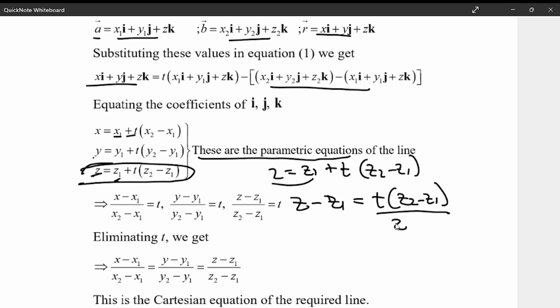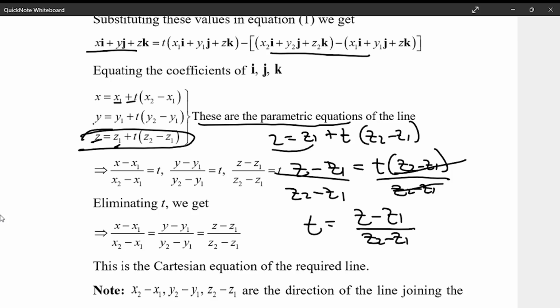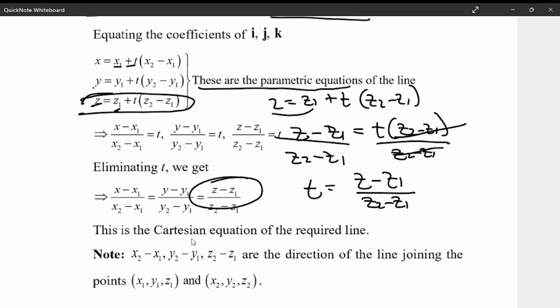Dividing by z2 minus z1, this one cancels, and t will be equal to (z minus z1) all over (z2 minus z1). For the other ones, follow the same approach.